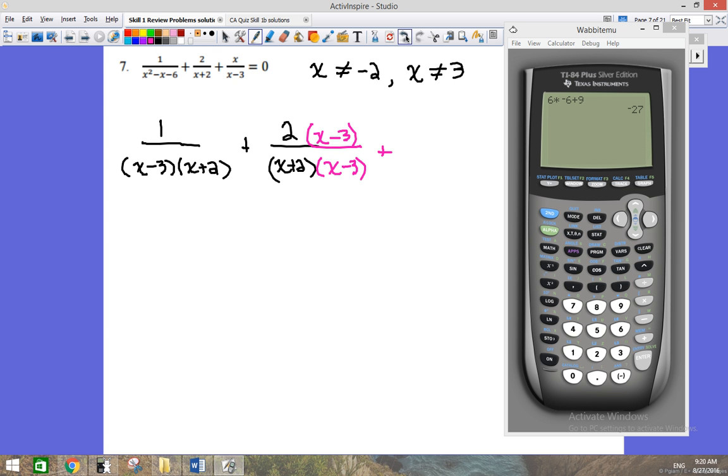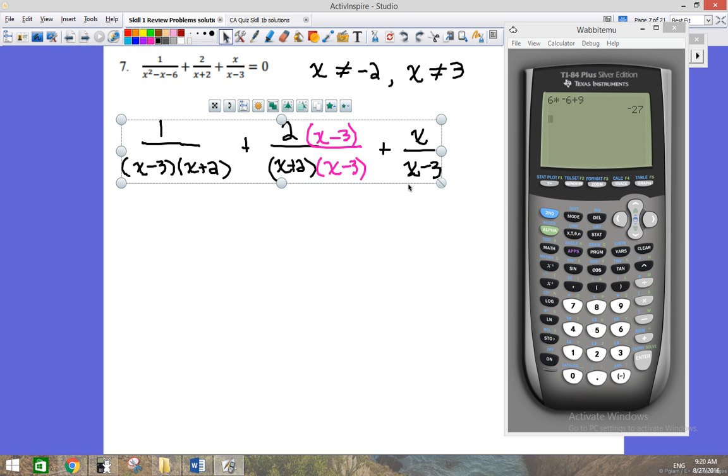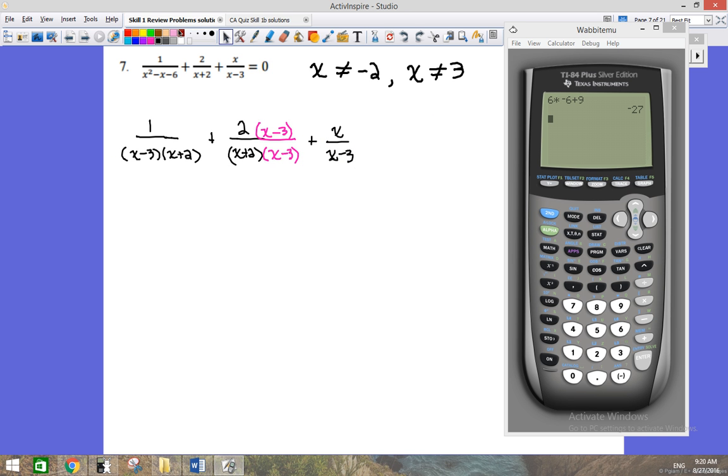Then I've got 2 over x plus 2, and x over x minus 3. And this one is missing an x plus 2.